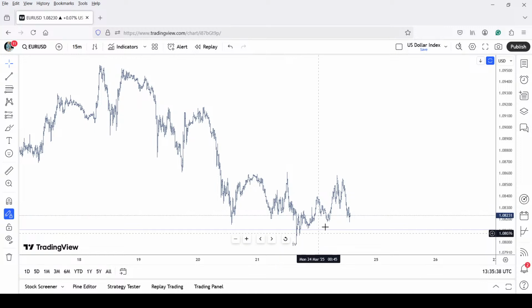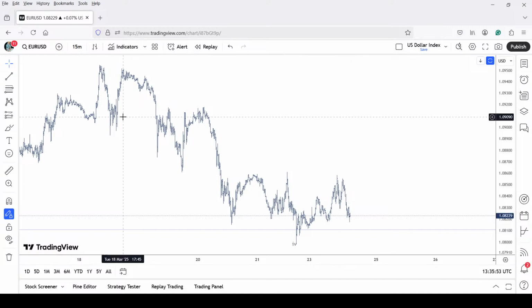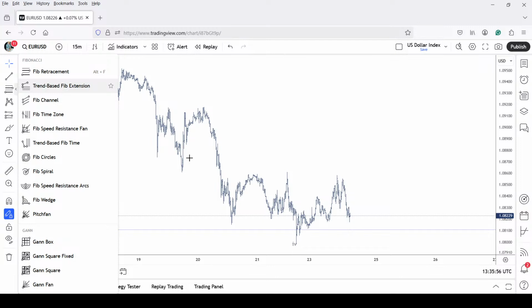So if this identification of a potential leading diagonal is correctly done, then we've got wave 1 and wave 2 respectively, with wave 3 just underway.